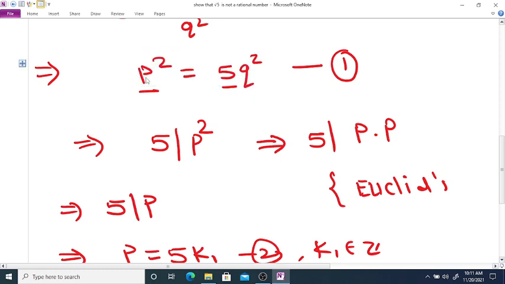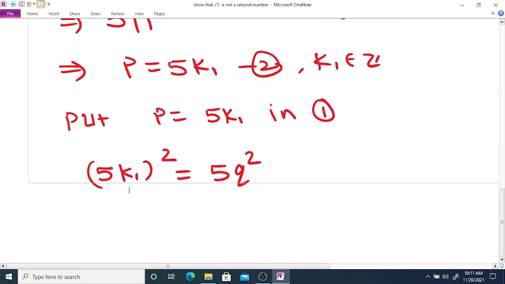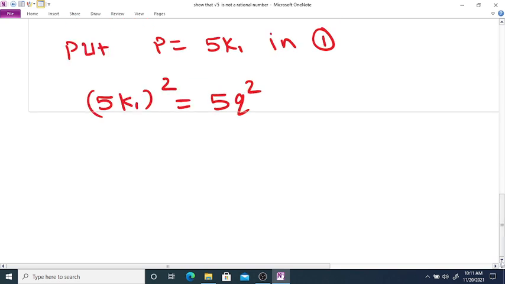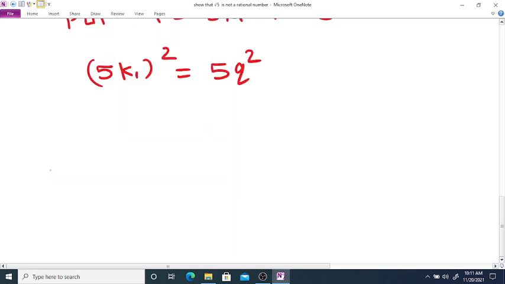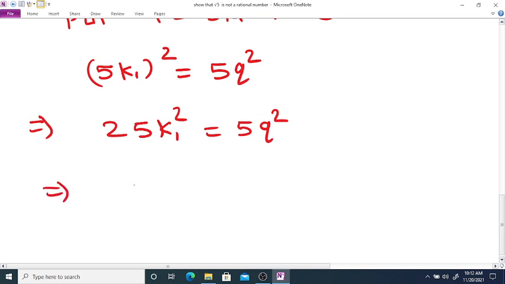So in place of p we put 5k1, so its square is 25k1 square is equal to 5q square. If you simplify this, we divide 25 by 5, so it is 5k1 square is equal to q square.